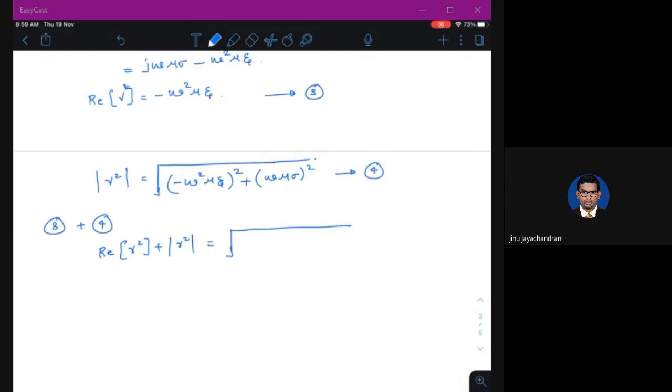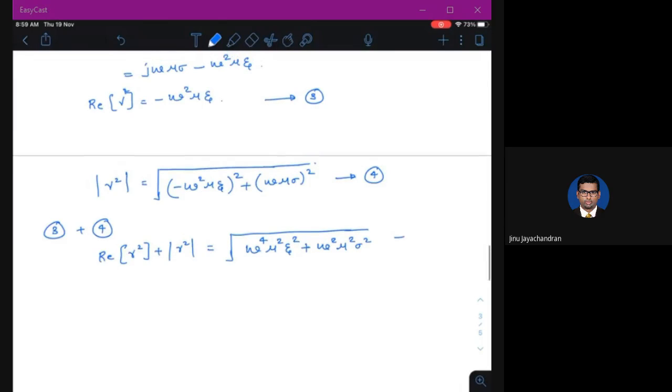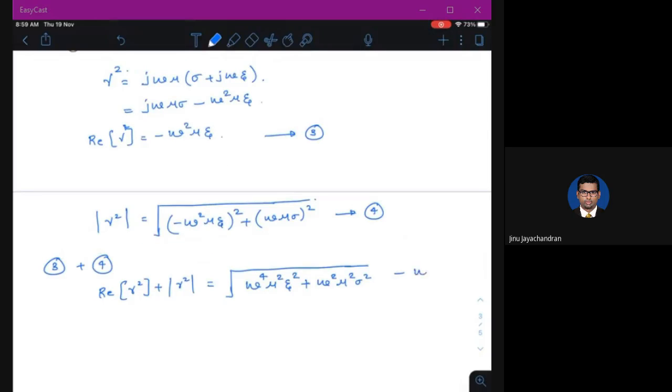The minus will get positive, so you can write this as omega raised to 4 mu square epsilon square plus omega square mu square sigma square, minus the third one, which is omega square mu epsilon.